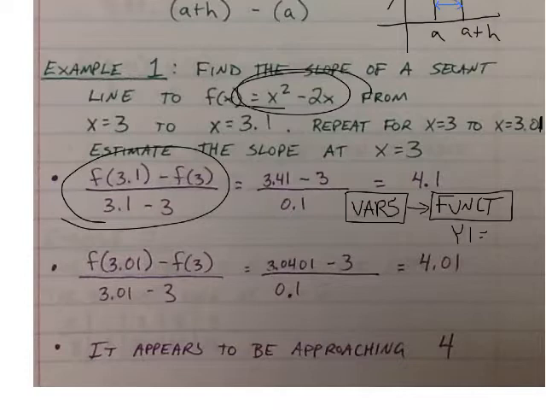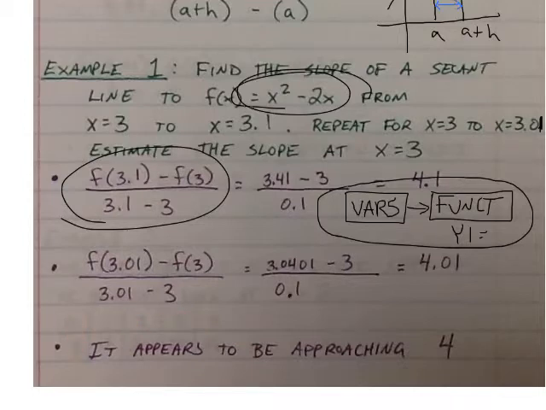If we did this process with the calculator, then we could very quickly spit out the answer to the second part, which is from 3.01 to 3. We plug 3.01 into the function, and then 3 into the function, and then divide by 3.01 minus 3. It gives us another answer, which would be 4.01. You can see we're approaching, first we're at 4.1, 4.01, so it appears to be approaching 4.